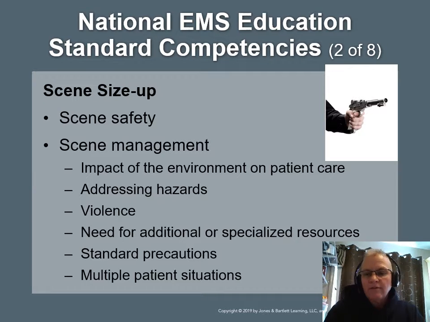We're addressing hazards, road hazards, fire hazards, electrical downed lines, all of those things, any potential violence from either the patient or the crowd or bystanders or whomever, and whether we need to call in different specialized resources, so different help like a hazmat team or maybe some river rescue team or something like that. And then we were going to talk about standard precautions and personal protective equipment and what to do in multiple patient situations.